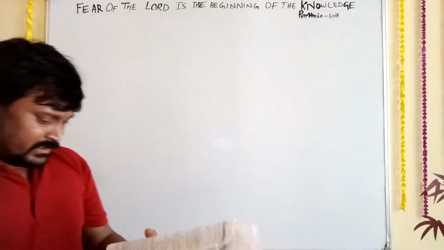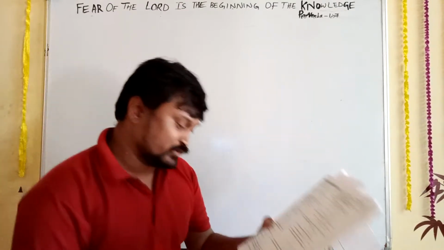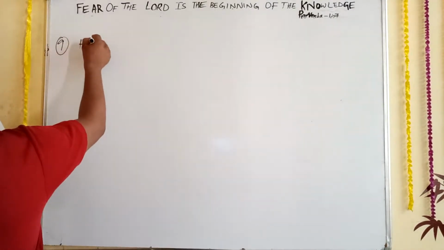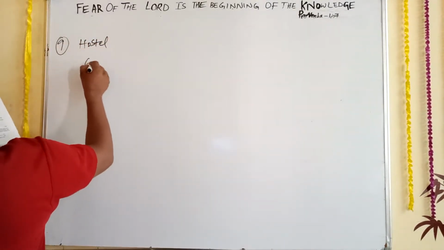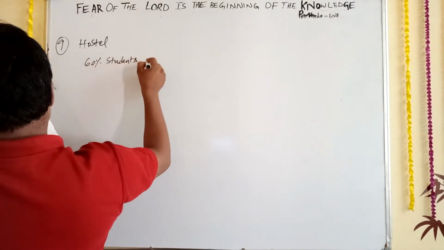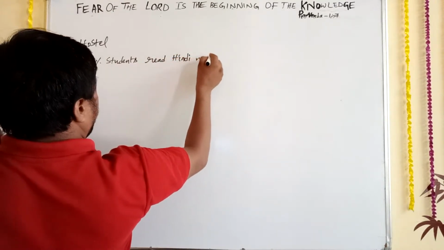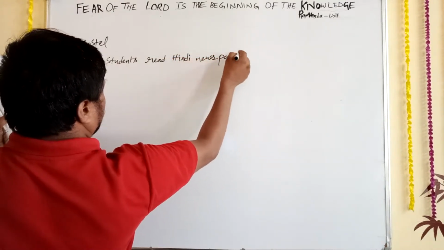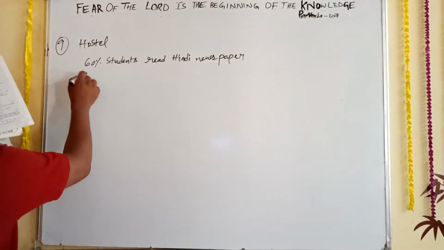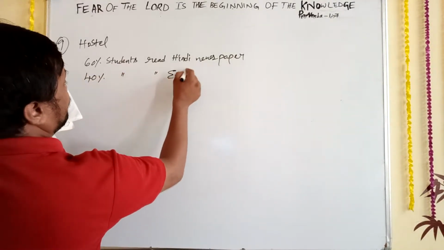Next question. In a hostel, 60% of students read Hindi newspaper. So here, there is one hostel, 60% students read Hindi newspaper. 40% students read English newspaper.